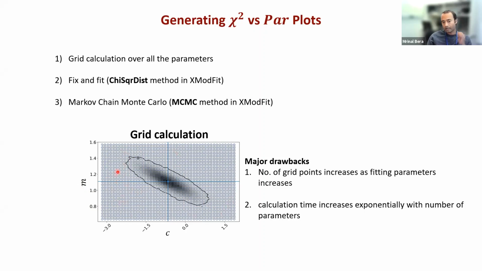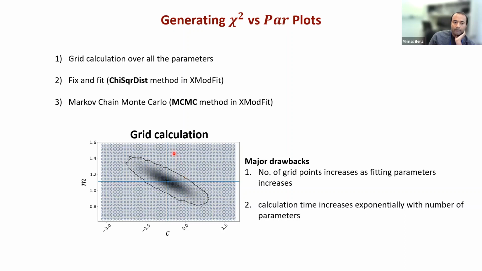But the disadvantage is it can take a hell of a lot of time. Here there are 2 parameters, so it is easier, but when you do reflectivity error analysis, you will get multiple parameters to fit, and then this approach will take a long time to calculate the chi-square versus parameter plot.